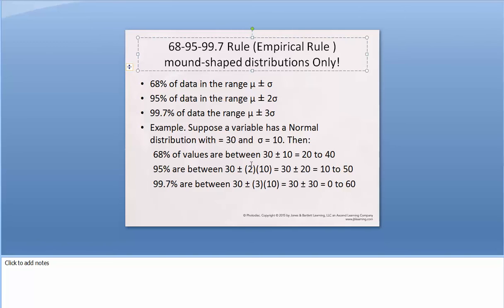Based on this, you can even figure out the minimum and the maximum value.